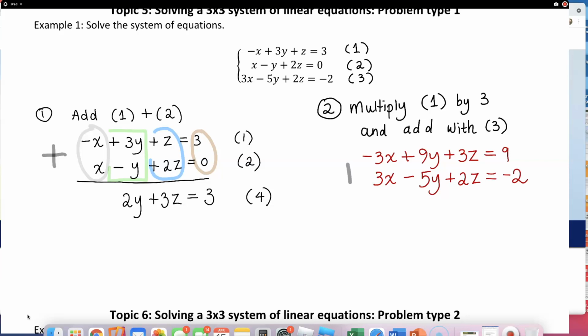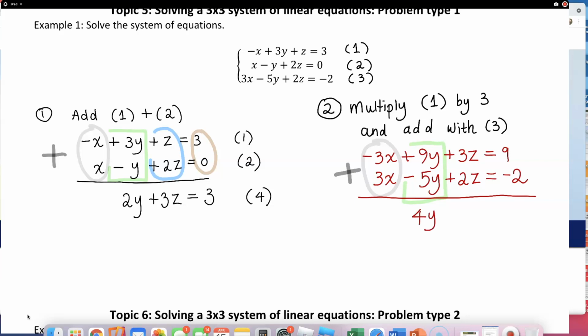So take a look. If I add these two together, as you can see, as we planned for this moment, that negative 3x plus positive 3x is canceled out. No more x. That is perfect. I'm going to add the y's this time then. If I add 9y plus negative 5y, that's going to give me 4y, right?